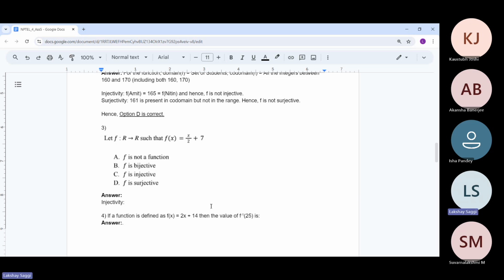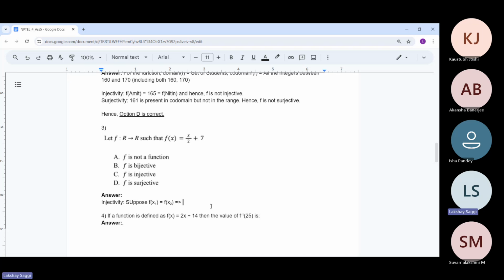So now let's see. Suppose f of x1 is f of x2. What does this mean?